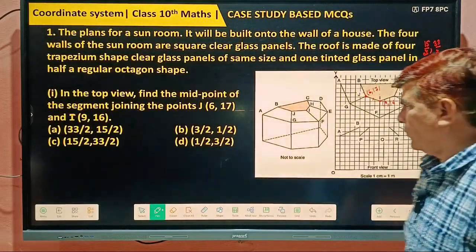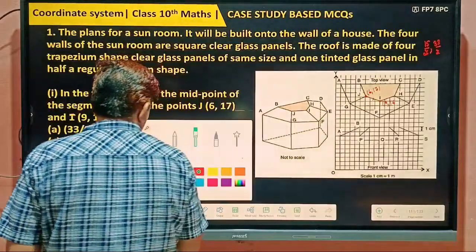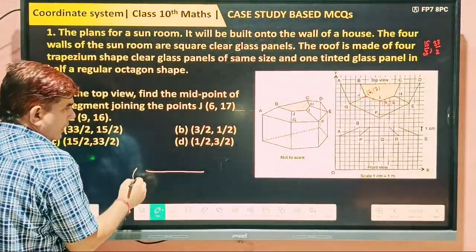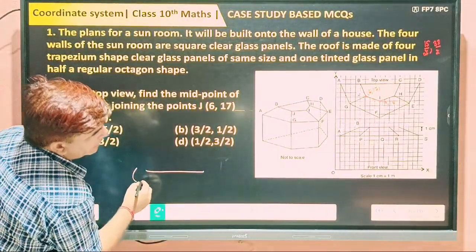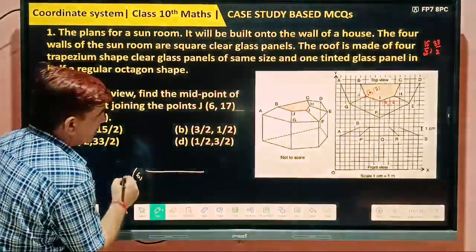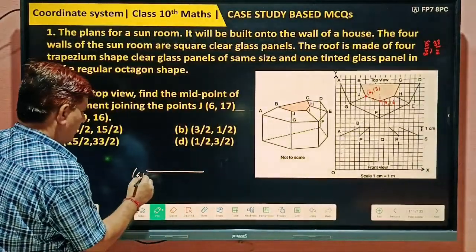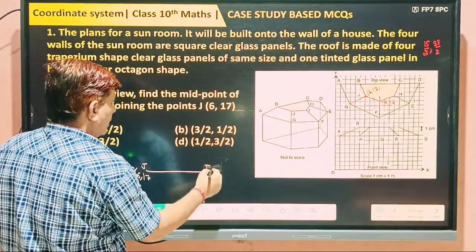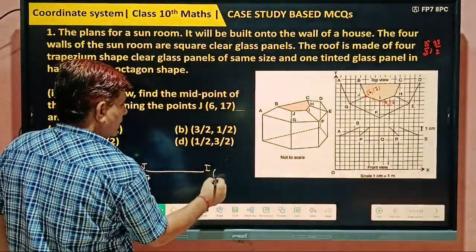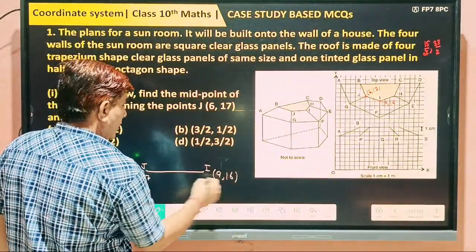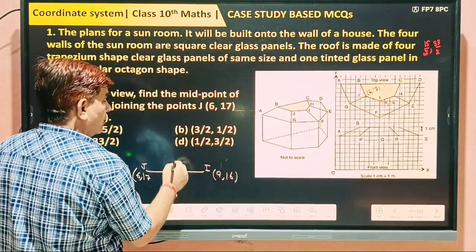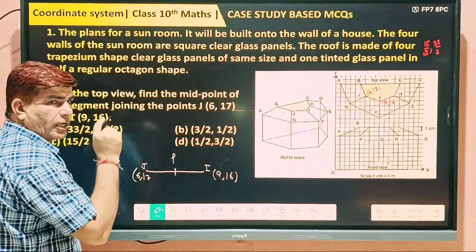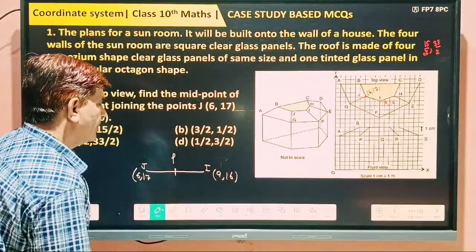If we are having a line segment, whose coordinates are 6 and 17, this point is J, and this point is I, whose coordinates are 9 and 16. And we have to find out a point, we can say P, which is the midpoint of this line segment JI or IJ.